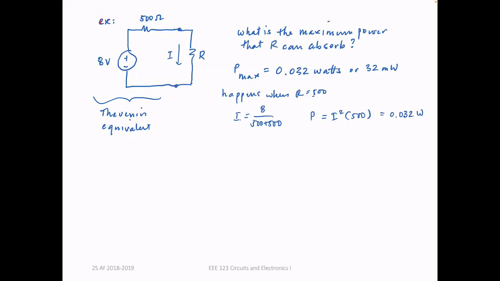Why is this important? This is very important. This has a lot of practical applications in electrical systems. I'll give you an example. I don't know if you're fond of audio systems. Let's say you have an audio amplifier.